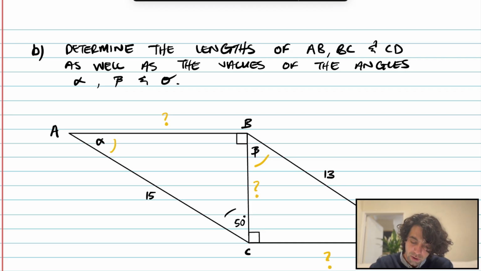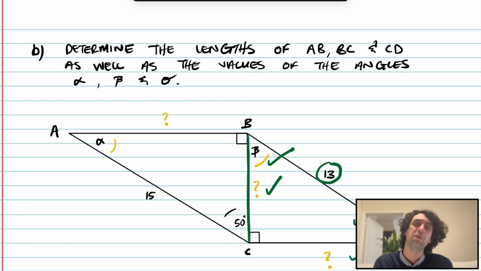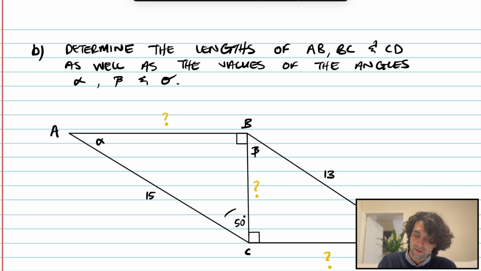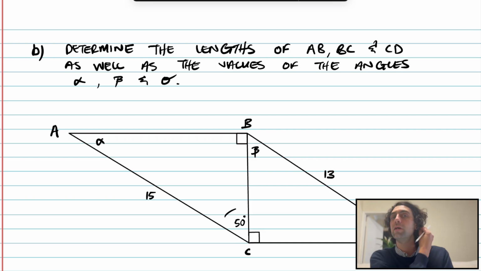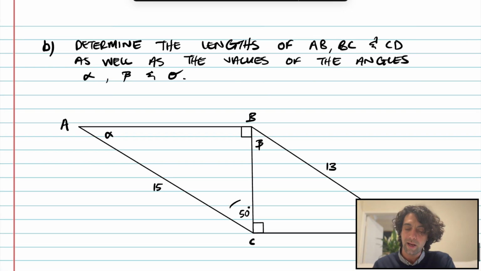We can use this common side, once we've found its value, along with this side to find beta. We can find theta, and we can even use Pythagoras to solve for CD. I want you to try this one on your own. So pause the video, see if you can do it. I am going to give you all the answers quickly, so attempt it first and then check if you get these answers.